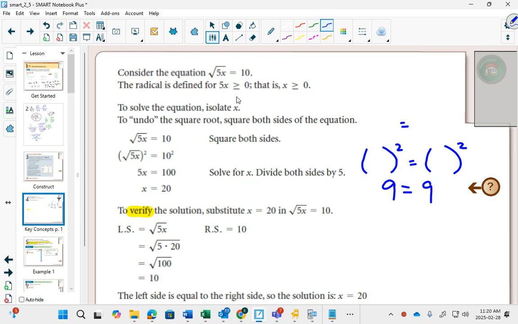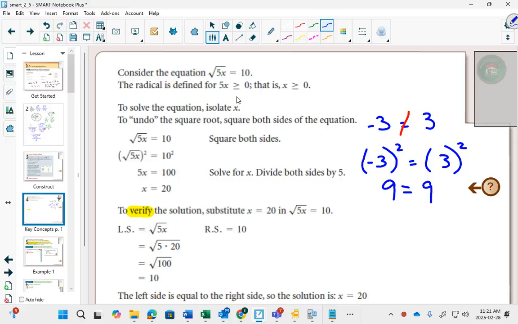I could have started with 3 on this side and a negative 3 on this side. Those are not equal. However, if I squared both sides, I get something that is equal. Sometimes, when you square both sides, you think you found an answer, but it was just playing tricks on you. It's actually not an answer. So we're going to see that happen in some examples today.